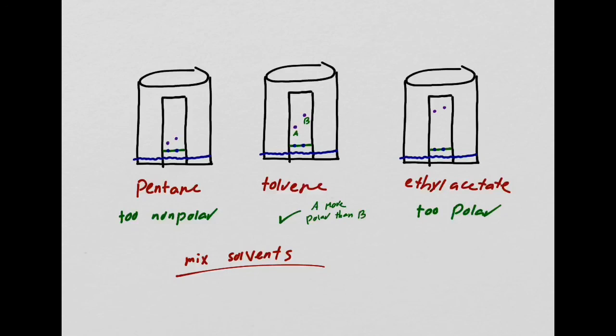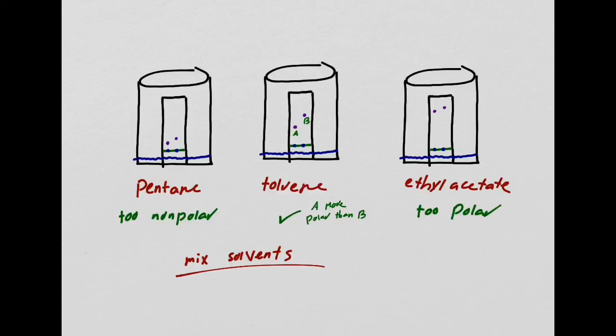I know you're going to get there, and it's a little confusing right now, but just remember that the solvent polarity and the compound polarity are two different things. For the solvent, you have to find the right solvent polarity so that your compounds give you a nice RF value in the middle and nice separation.